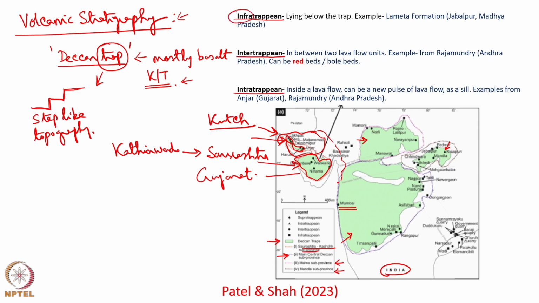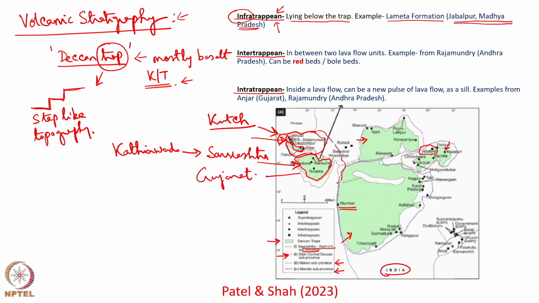Infra means we are talking about a unit which is below the traps. That is what is said, lying below the trap. An example is the Lametta formation, which is exposed well in Jabalpur in Madhya Pradesh. Madhya Pradesh is a state in central India. Here is Jabalpur.